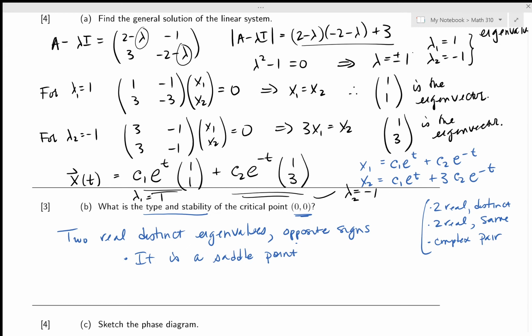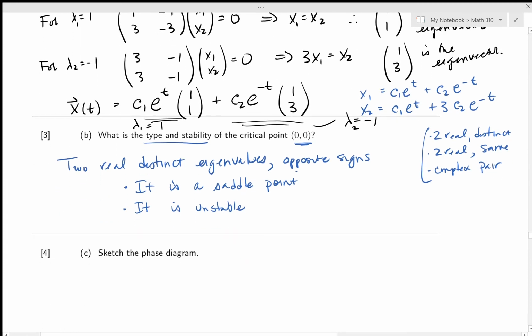You could look up on the internet what a saddle point is, but it does look like the saddle that you would put on a horse. Okay, and it's unstable. You sort of imagine yourself putting a drop of water on a horse's saddle, and if it moves a little bit to either side where the slope is negative, it runs off to the side. So it's not stable.